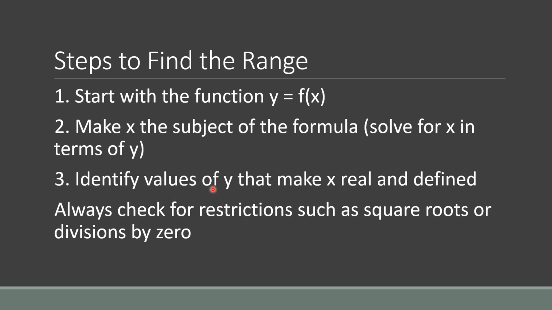You need to identify the values of y that make the x expression, or the expression in terms of y, to be defined. So always we need to check for restrictions such as square root or division by 0.